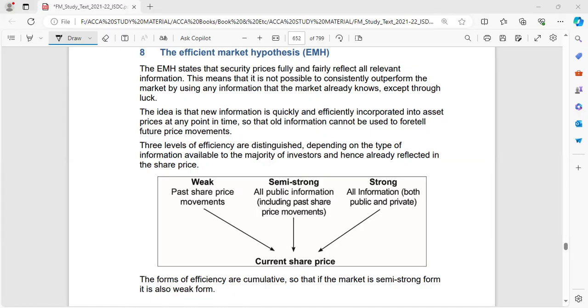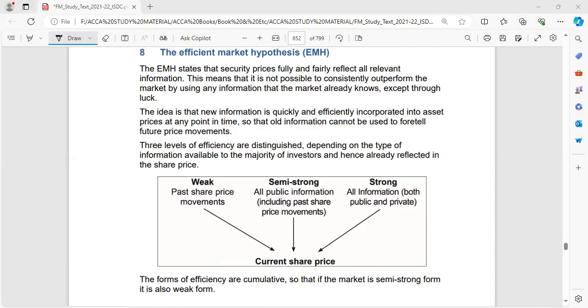In this market, share prices are reflecting the fully available public information. But in this market, we can earn abnormal profit if we have any insider information, because all the insider information is not easily available publicly.